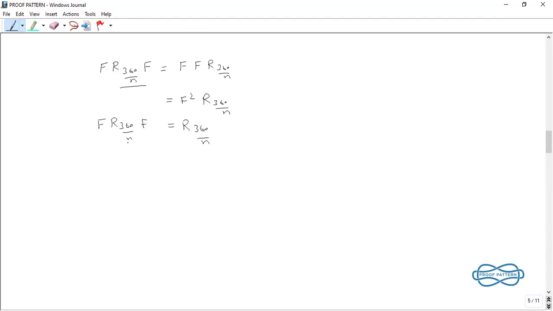Okay, and this means that if we take the inverse, r 360 over n inverse will be f r 360 over n f inverse, and that will be f inverse r 360 over n inverse and f inverse.